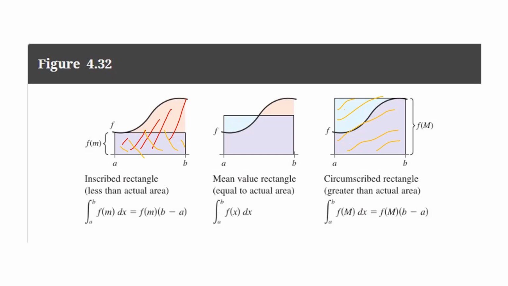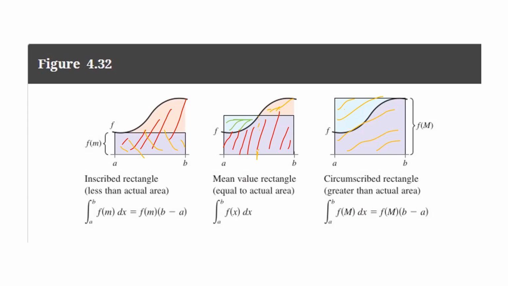However, you should also note that between these two rectangles, there should be a point somewhere between a and b where the area of the rectangle will be equal to the area under the curve. You can see that in this example, because this is the area under the curve that is covered by the rectangle, plus an additional area here, which is not the area under the curve.